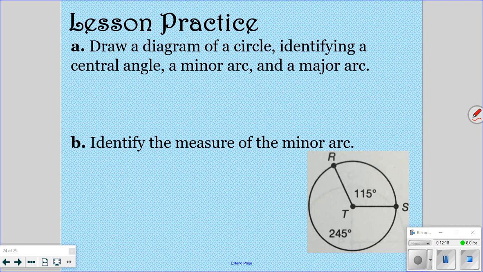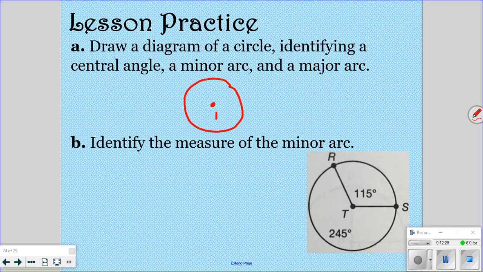So we're going to draw a diagram of a circle. So there's your circle. And I'm going to name it circle A. We want to identify a central angle. And so this is going to be B, and this is going to be C. So this is my central angle.